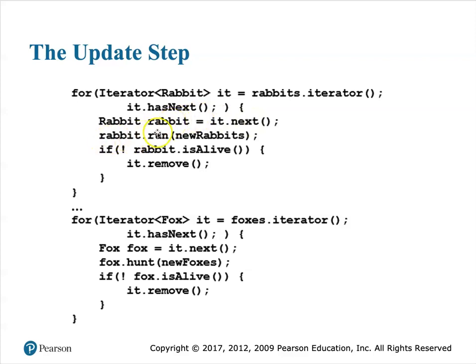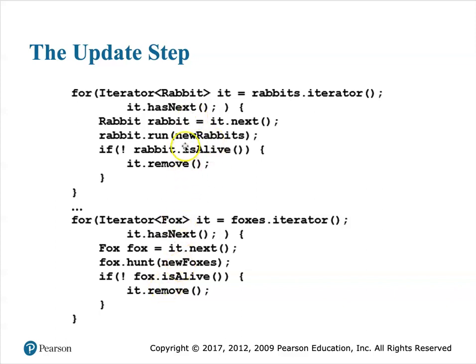We tell that rabbit to run, do its thing, and get new rabbits back from that process. And then if the rabbit is reported as no longer being alive, remove it from the collection. Once we process all the rabbits, we will then process all of the foxes, ask the fox's object for its iterator. While it has a next fox, grab the next fox, put it into the variable named fox, tell the fox to hunt, and also to potentially generate new foxes. And then if the fox is not alive at this point, remove it from the collection.